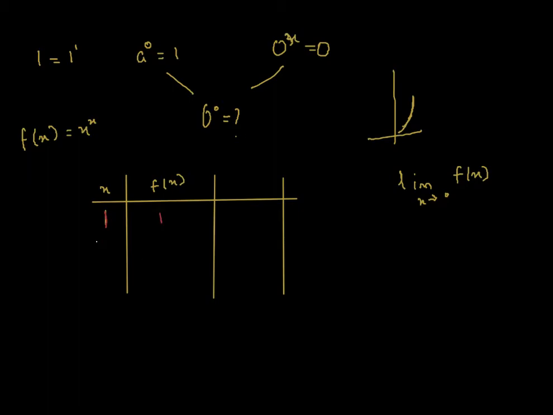Let's go a little smaller. So I give you 0.9. What is 0.9 raised to 0.9? You can use your calculator here. 0.909. Yeah. So what is 0.8 raised to 0.8? It is 0.836.